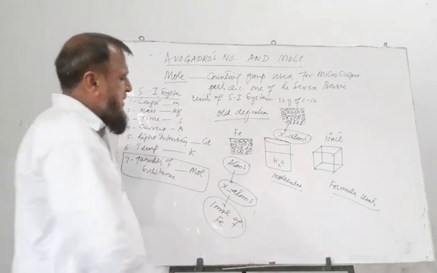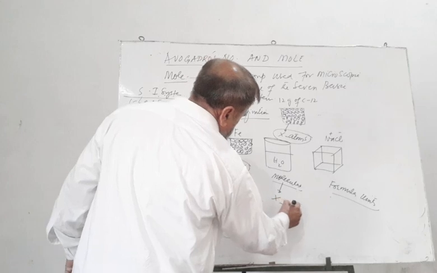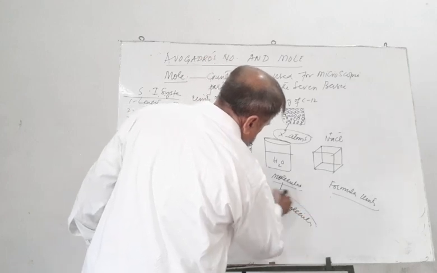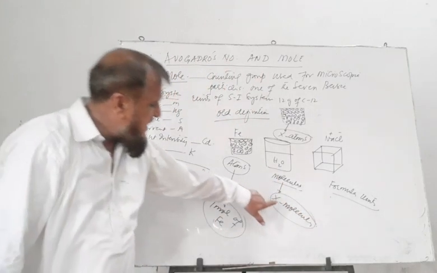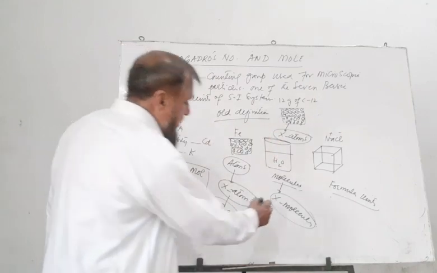1 mole of water means the quantity of water which contains X molecules of water, the same number of molecules as there are atoms in 12 grams of carbon 12.